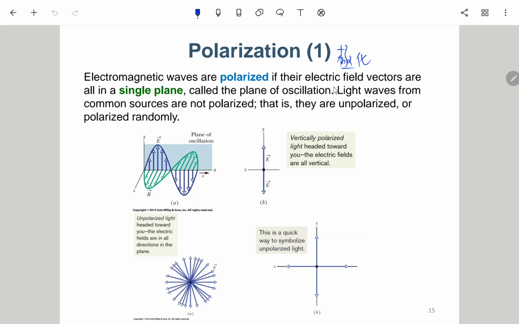Okay, so the EM waves are polarized if their electric field vectors are all in a single plane, called the plane of oscillation.